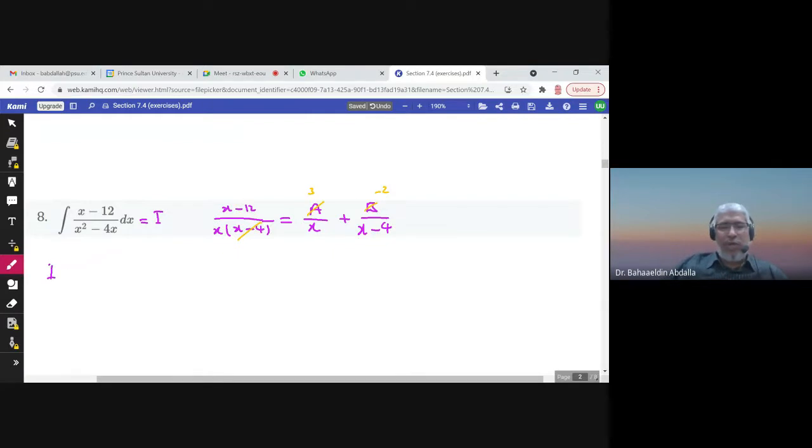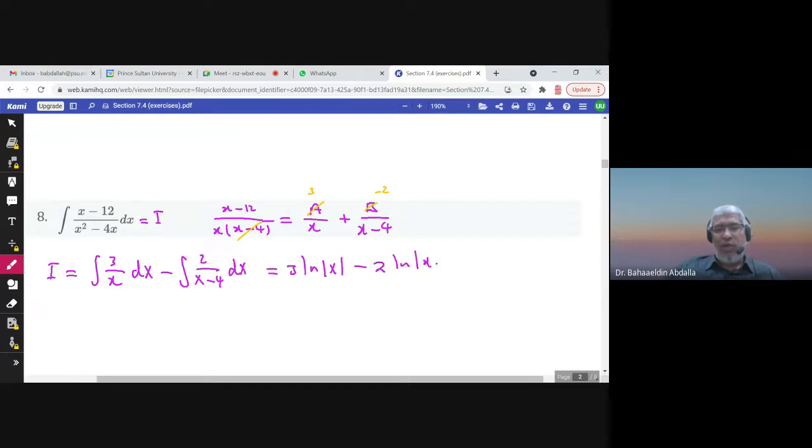So I would be equal to integral 3 over x minus integral of 2 over x minus 4. And the answer would be 3 ln absolute value of x minus 2 ln absolute value of x minus 4 plus c.